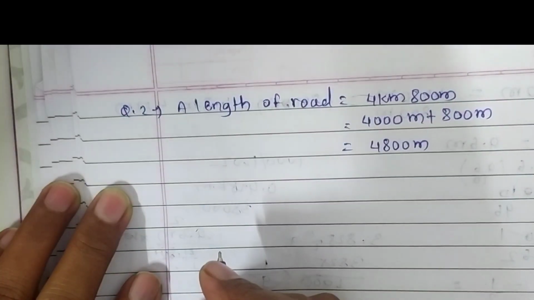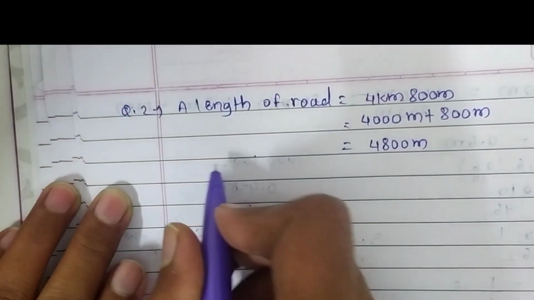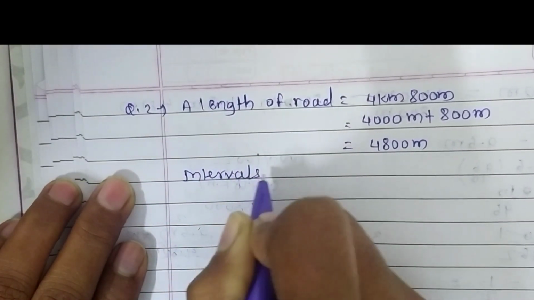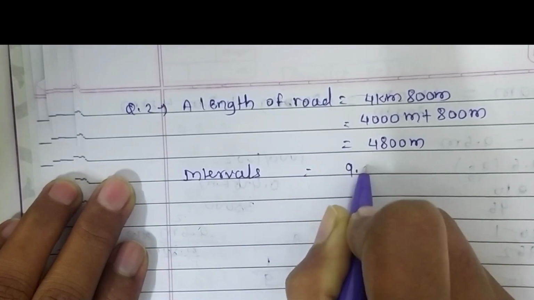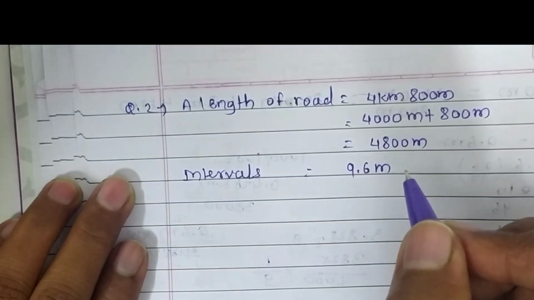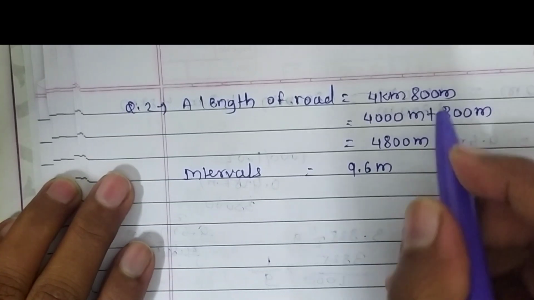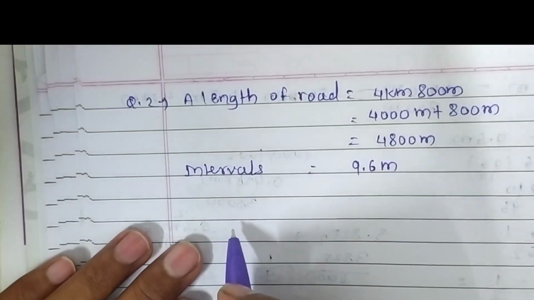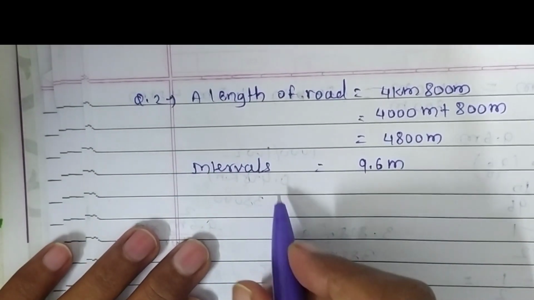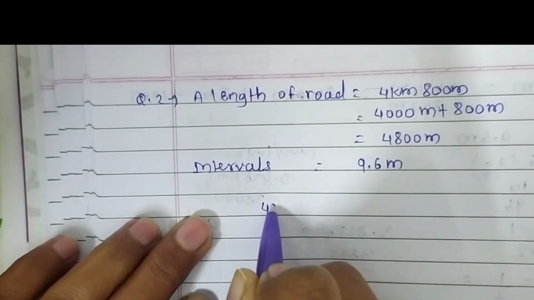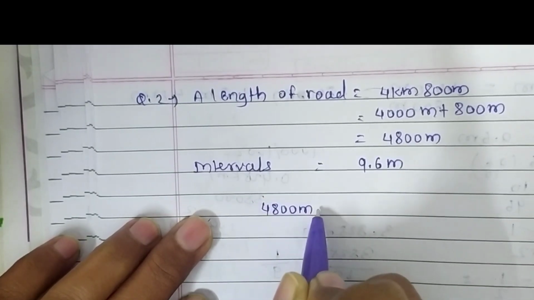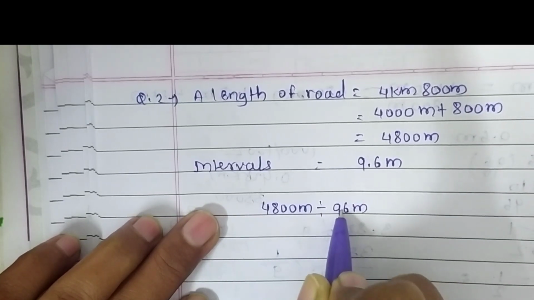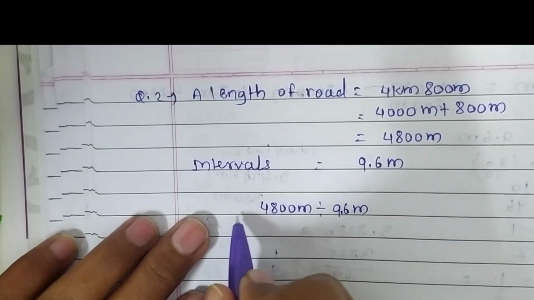Then the intervals of the trees are 9.6 meter. Let's divide these two numbers, then we will find the answer. So 4800 meter divided by 9.6 meter.